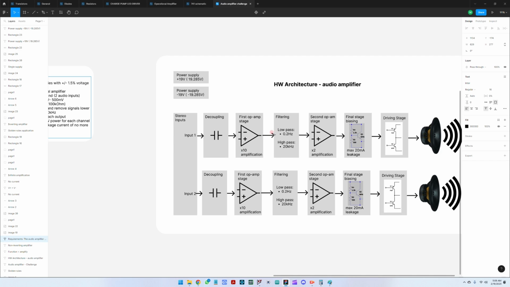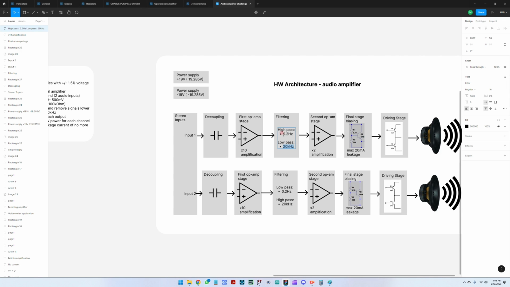Then we're going to go through a filtering phase, where we are going to use a high pass 0.2 Hertz frequency, and low pass for 20 kilohertz.